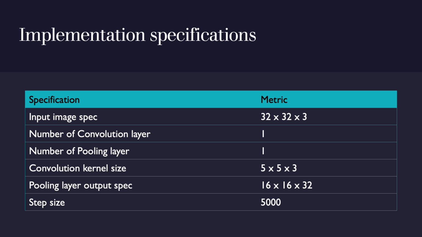The 32 are the 32 image maps that are generated as a part of the feature extraction subnetwork, and the length and width of each image map is 16 cross 16. The training of this baseline model is done in 5,000 steps, and the network is tested every 100 steps using the testing dataset.